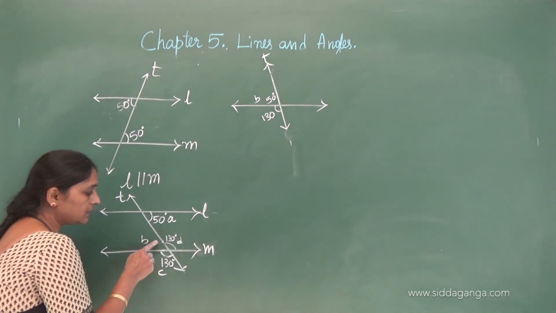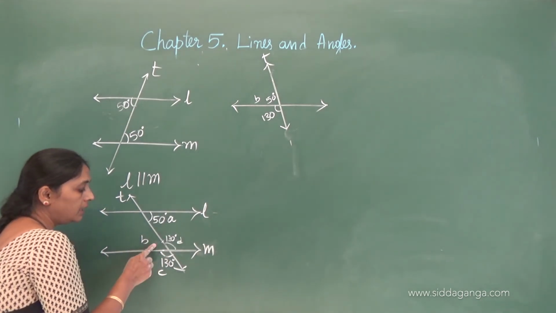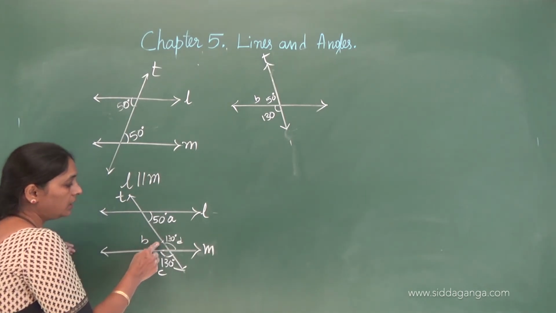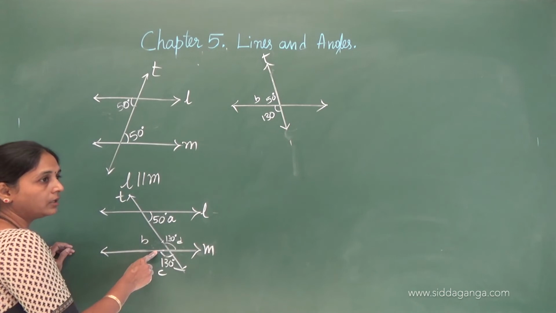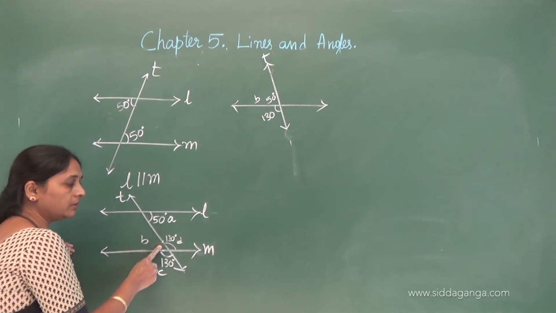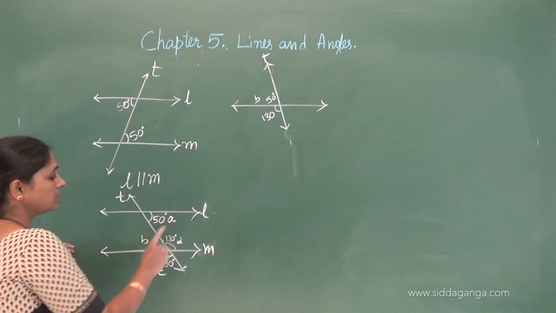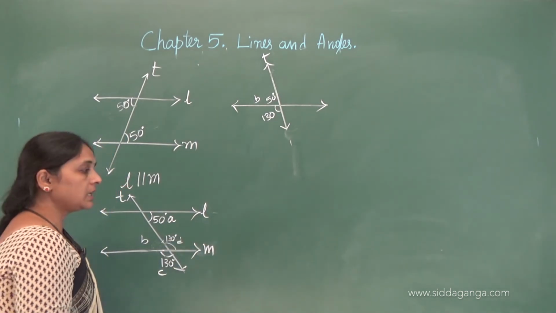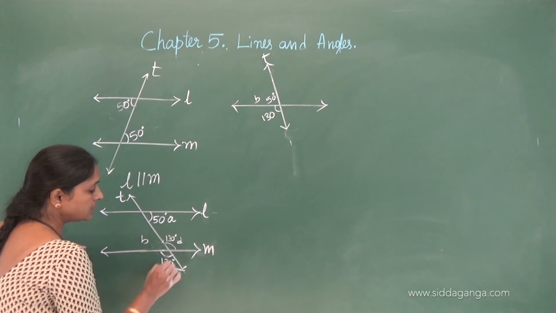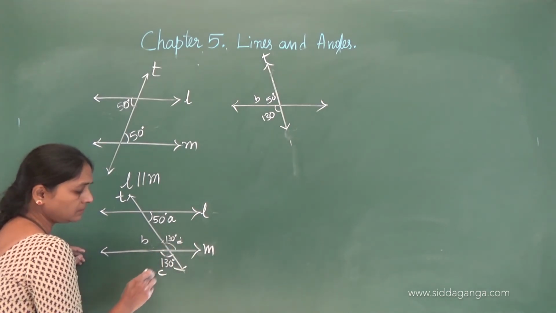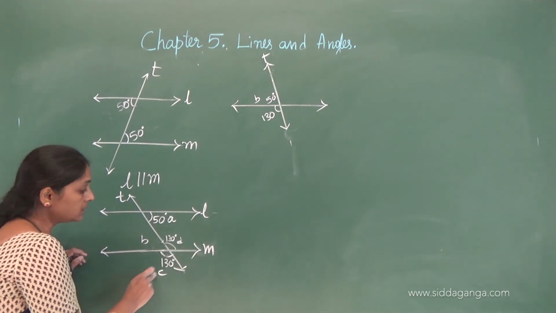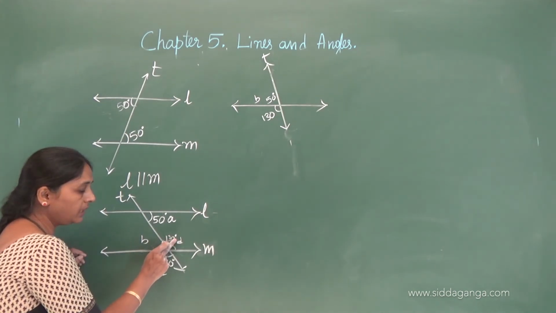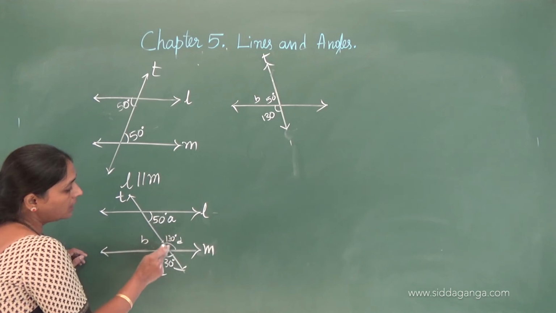If these are a linear pair and this makes 50 degree, and these two are alternate angles and equal in measure, then lines L and M are said to be parallel. Otherwise we can take D and C, which are vertically opposite angles. Vertically opposite angles are equal, so D will be 130 degree.